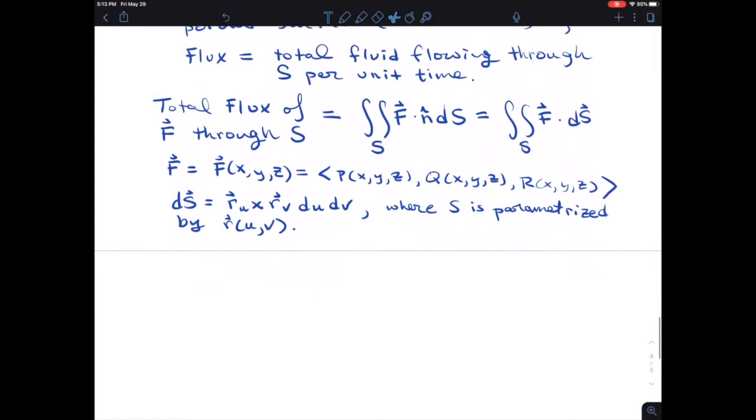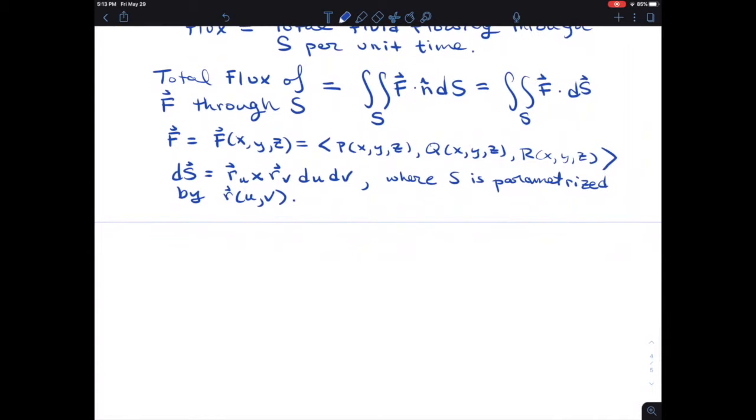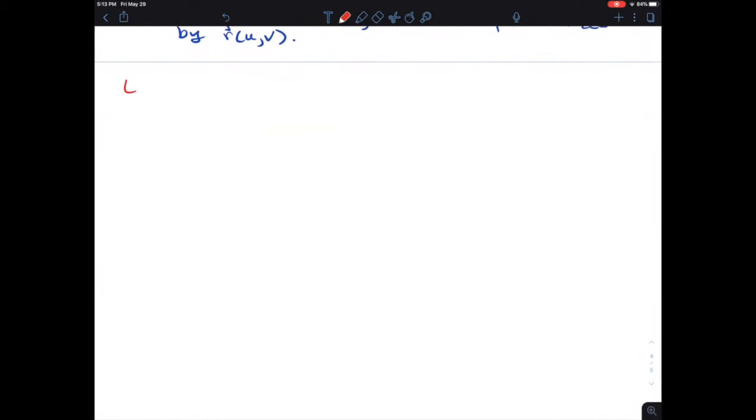Okay, so we're going to do a quick example. Okay, so here we go. Let's say our field has components, sorry, my bad, it's y, z, zx, xy, like that.